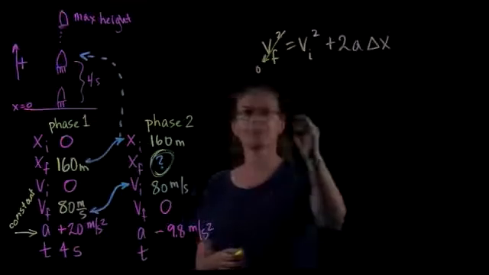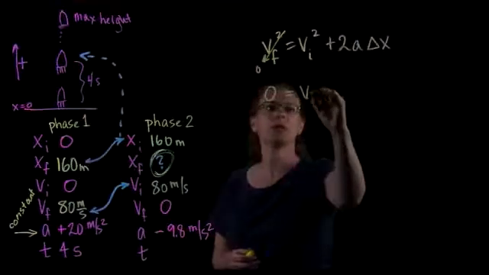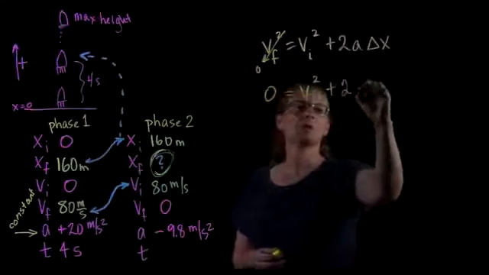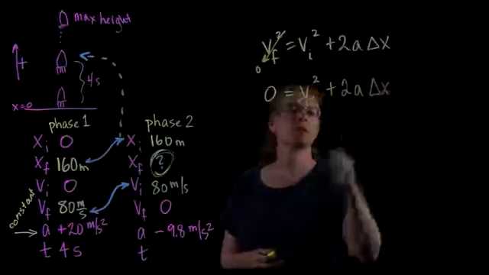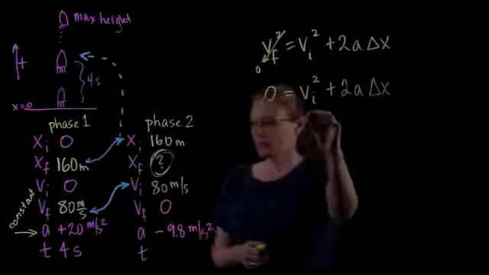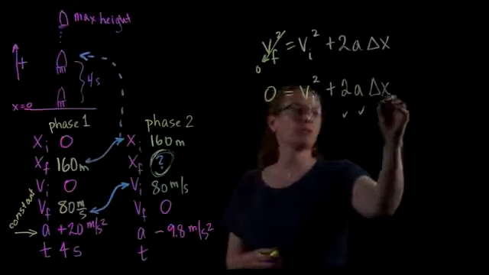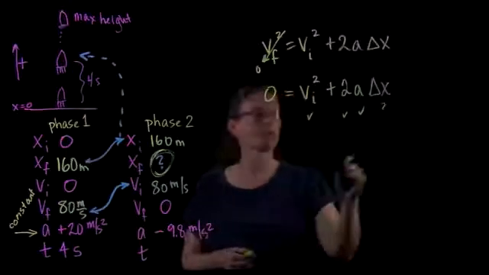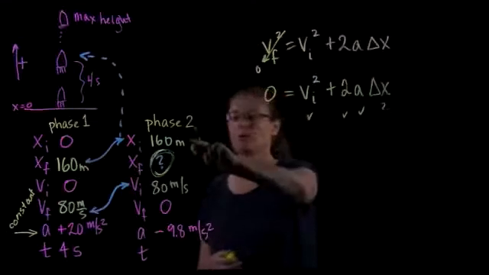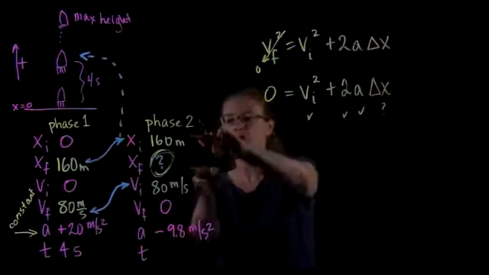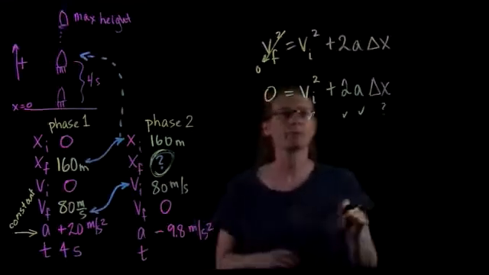Nothing else is 0. Okay, so 0 equals v initial squared plus 2 times the acceleration times the change in position. We know v initial, we know 2, we know acceleration, and this is kind of what we're looking for. How far does it go? What's the change in position? Because once we know where it started and we know the change, we can figure out x final.